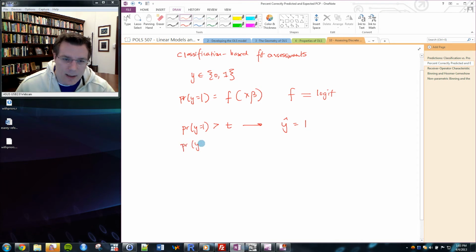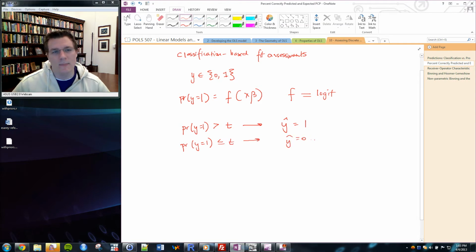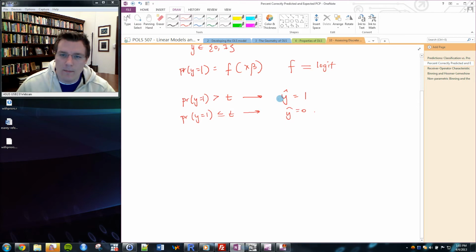And if this probability is less than or equal to the threshold, then we classify it as a 0. And then we simply say, what proportion of these predictions did we get right?